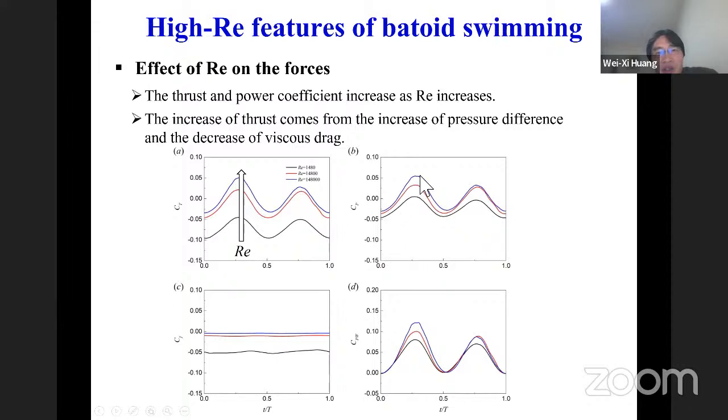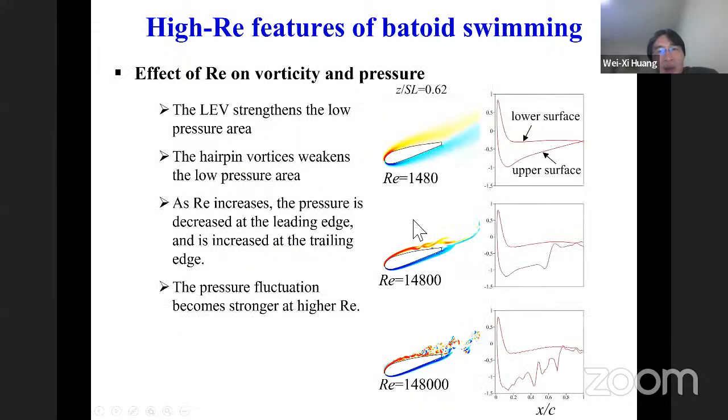The pressure force is increased, but the frictional force on the surface is reduced at a higher Reynolds number. So we can see the vortical structures and the surface pressure coefficient. As the Reynolds number increases, the leading edge vortex becomes stronger, the pressure is lower, and the fluctuation at the rear part becomes more significant.